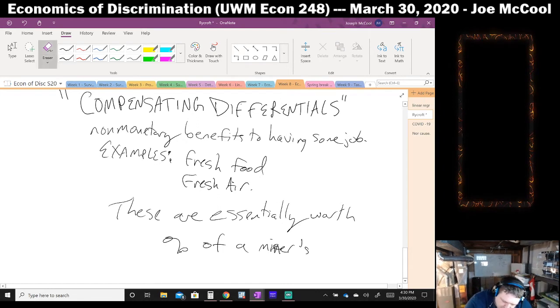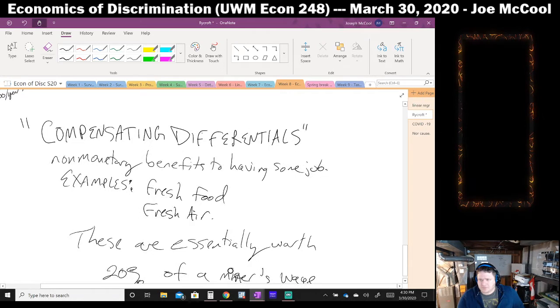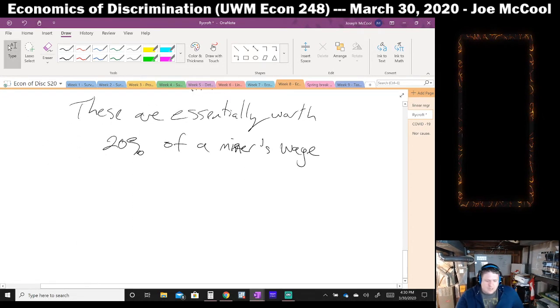Well, actually, if we're being precise, it would be 20%. These are worth 20% of a miner's wage, right? Because if it's 25% more, then it's 20% less. Don't worry about that, though. Right. So, essentially, we're at 20% of a miner's wage.